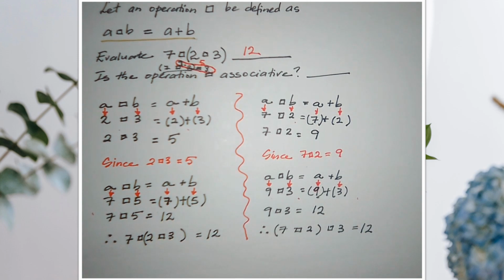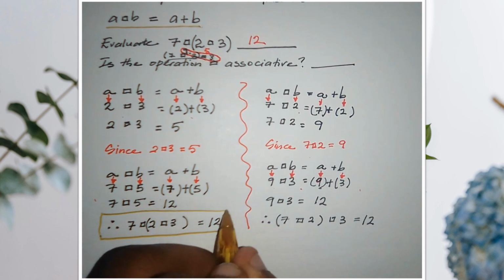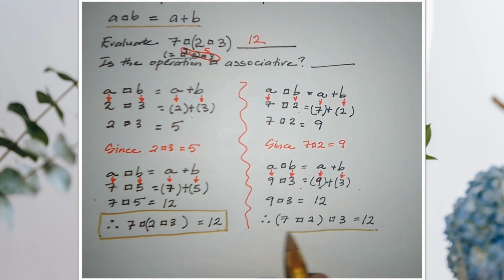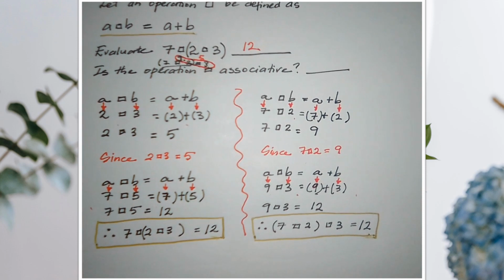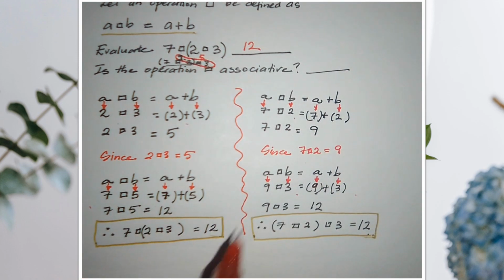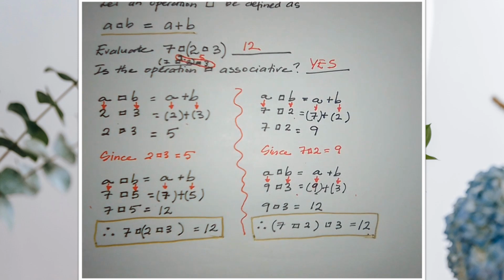Now look at this. Now we're going to have to make that comparison. This with this. Do you notice that this and this is the same? So because when we work the groups, the two different groups, the answer comes out to be the same, then we say yes, it is associative.